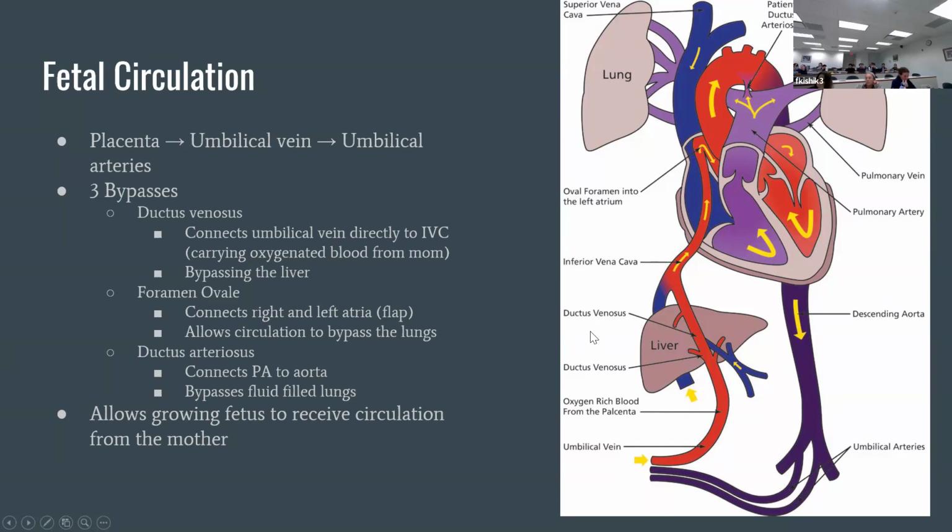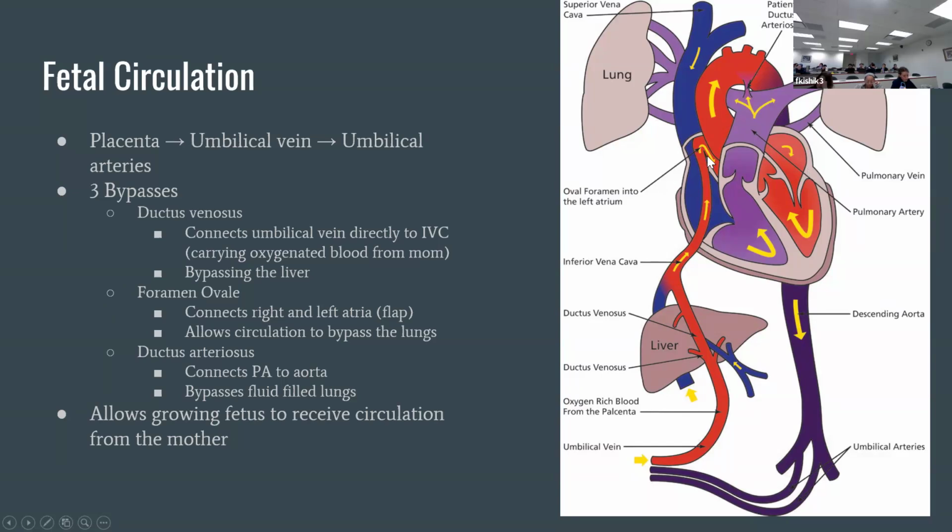So if the placenta is here, the oxygen-rich blood from the mom's placenta comes through the umbilical vein. It bypasses the liver, and it dumps the oxygenated blood into, where is this? I'm sorry. So the umbilical vein dumps the blood through the inferior vena cava, which goes into the right atrium.